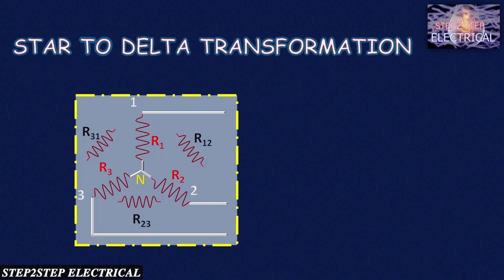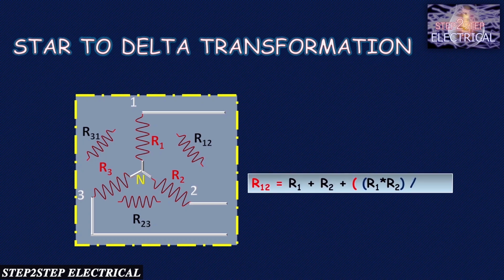First of all, we will write the formula for R12. Here R12 equals R1 plus R2 plus R1 into R2 divided by R3, since R12 lies between R1 and R2. From this formula we get the idea how to write R23 and R31.